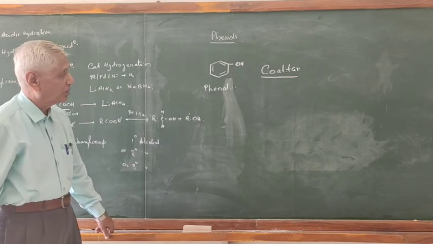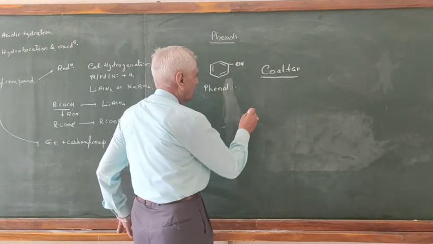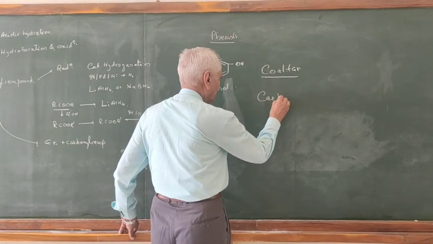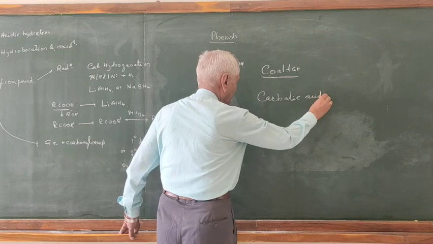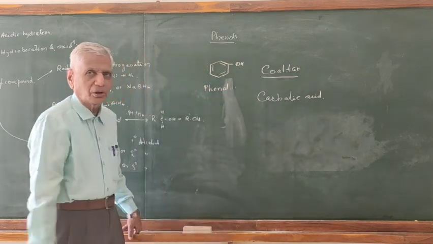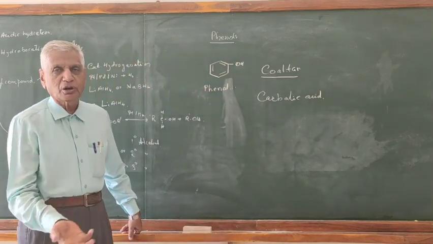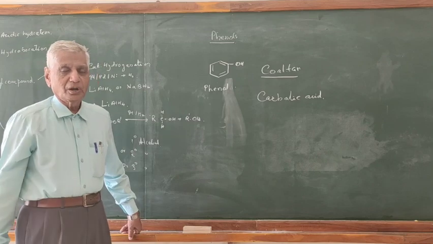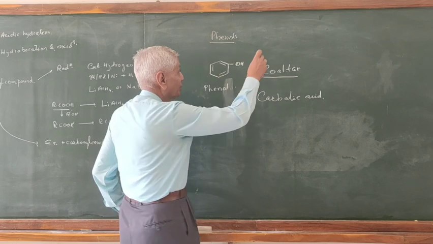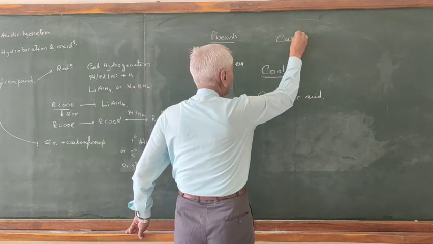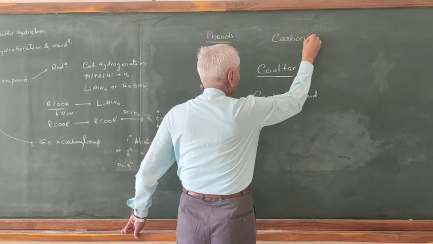And this phenol is also called carbolic acid. Carbolic acid is also known as phenol, or phenol is also known as carbolic acid. Don't confuse. There are two types of acids. Carbonic acid and carbolic acid.